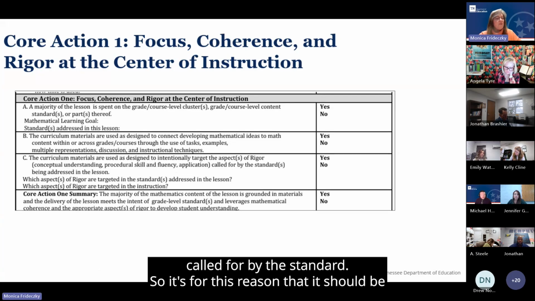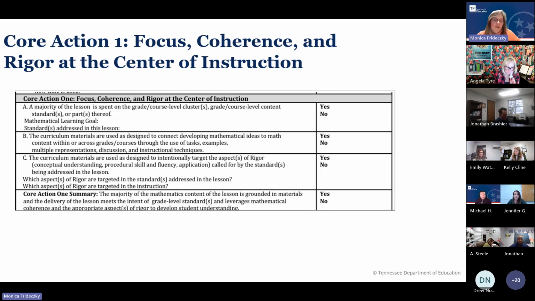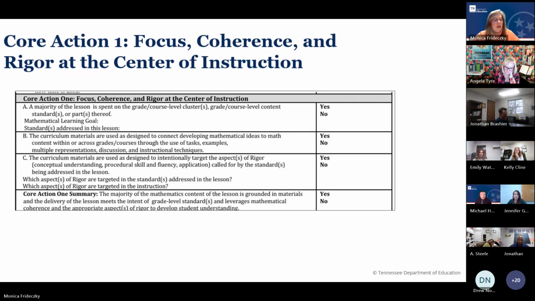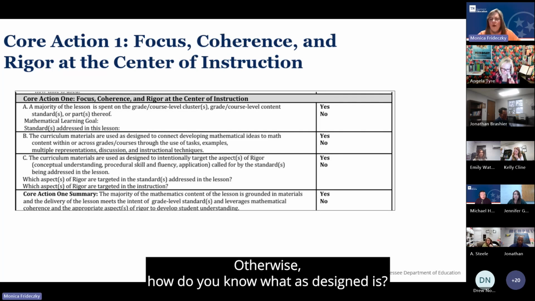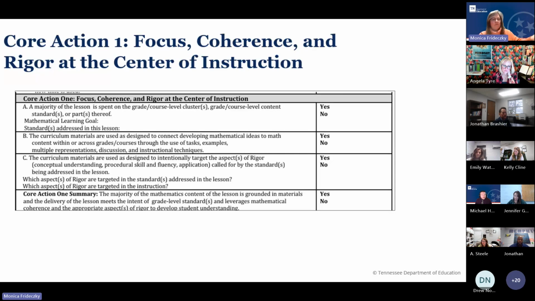So it should actually be difficult to rate or score core action 1 without properly knowing or reviewing the HQIM. Otherwise, how do you know what as designed is? I just wanted to highlight that for you.